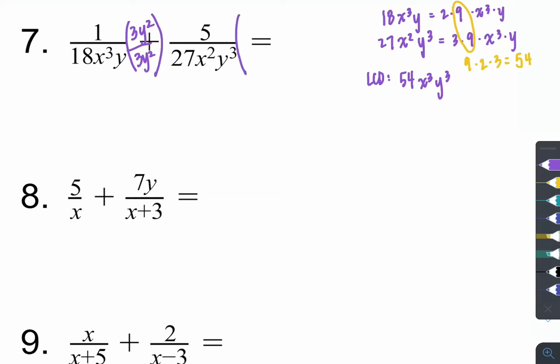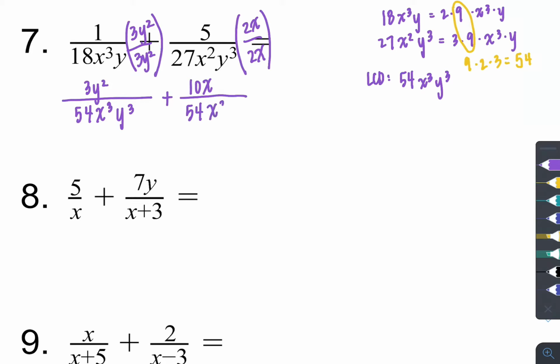On this side, I'm multiplying by 2x over 2x, because again, that's the same thing as 1. So we get 3y squared over 54x to the third, y to the third, plus 10x over 54x to the third, y to the third.